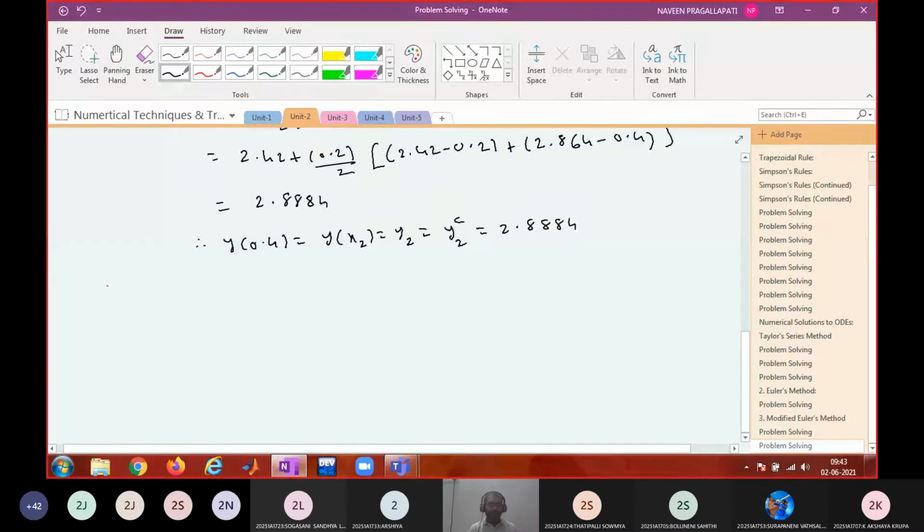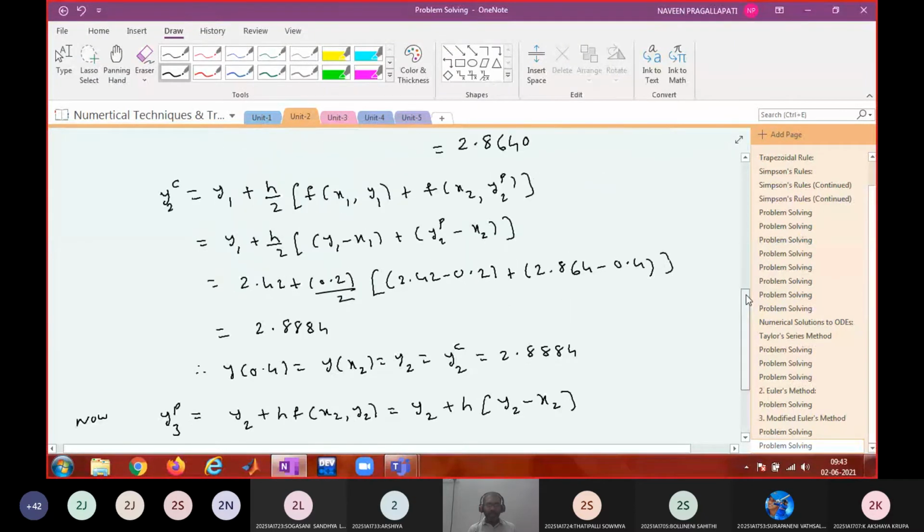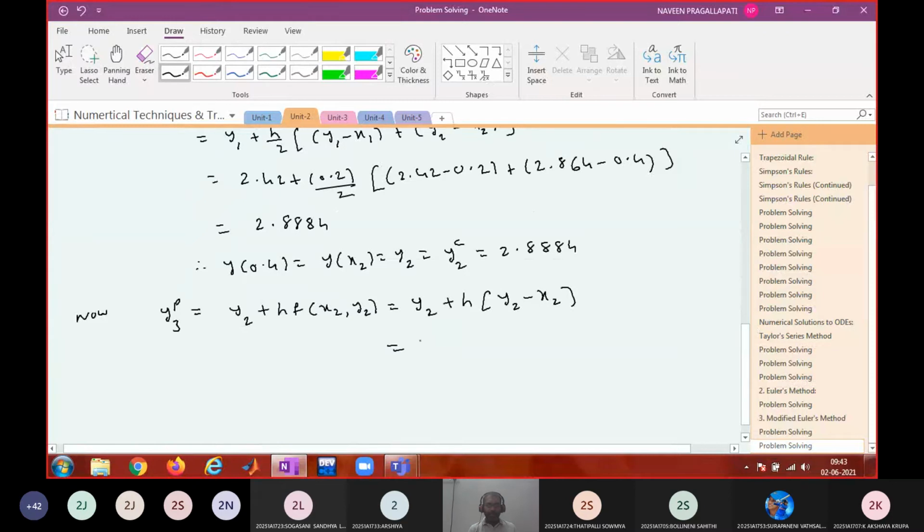So now find out y3. y2 plus h into y2 minus x2. y2 is 2.8640, and x2 is 0.4.